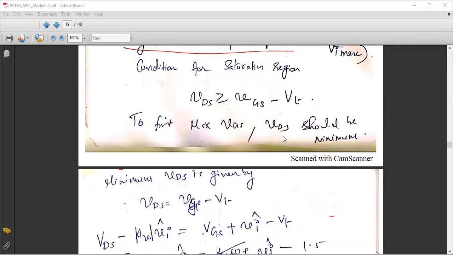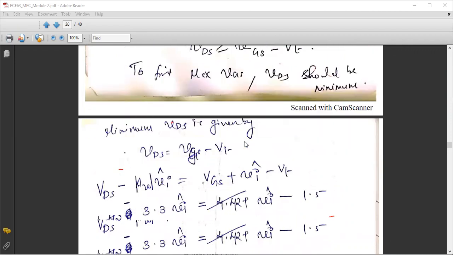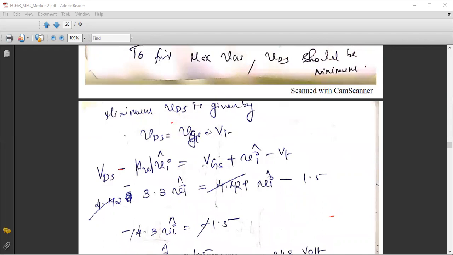So why am I going for the minimum VDS condition here? Any idea?